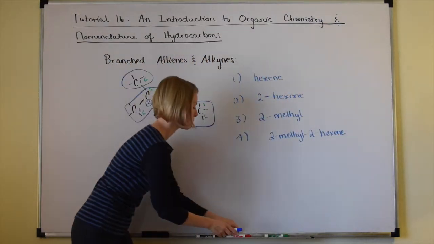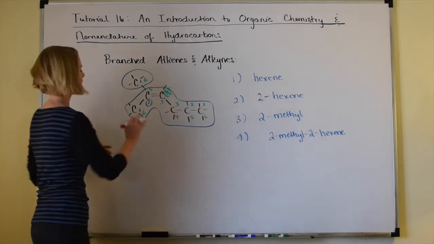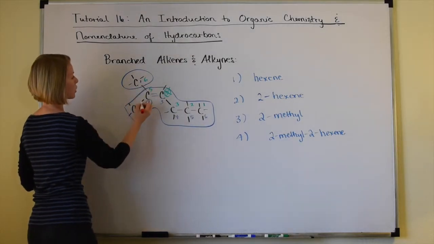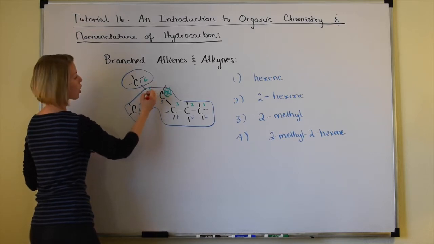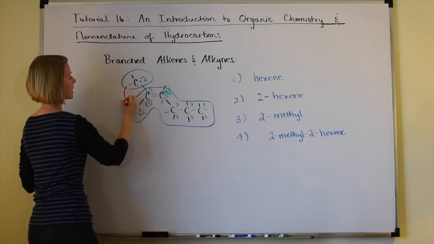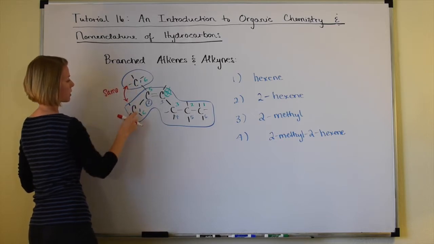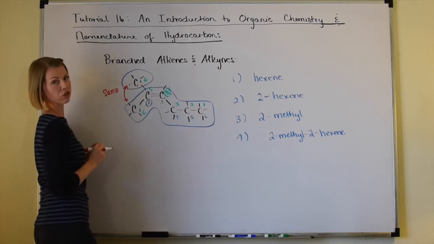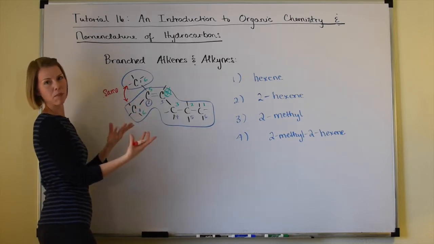And I'm going to use the red pen so that it really stands out here. To check for cis-trans isomers, remember we want to look at the 2 substituents on this carbon of the carbon-carbon double bond. If they are the same, which they are, this one's a CH3 and this one's also a CH3, then it doesn't matter if we flip them. We're going to get the same molecule.